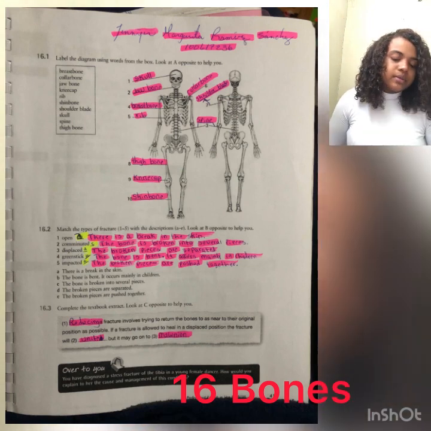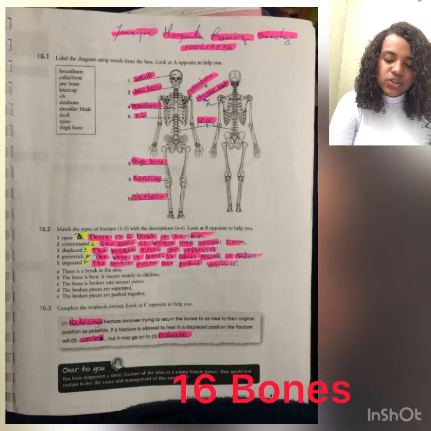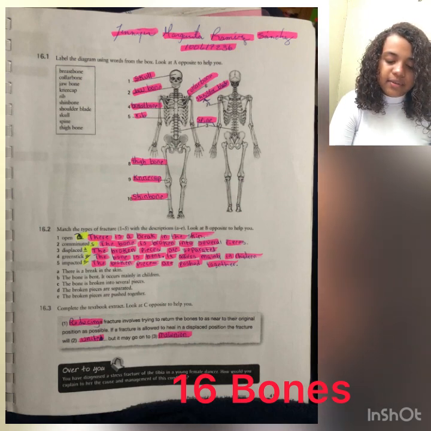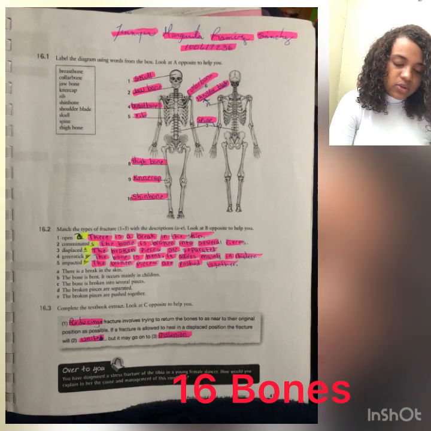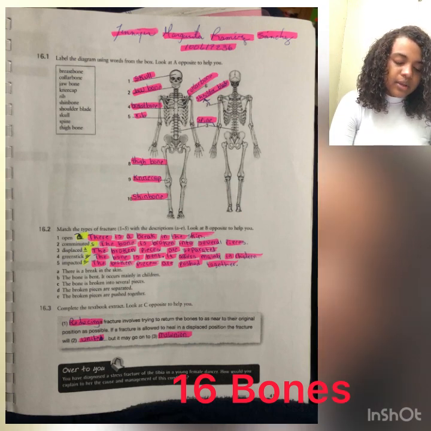Ten chin bone. Match the types of fracture one to five with the descriptions A to E. Look at B opposite to help you. Number 1, open: there is a break in the skin. Number 2, comminuted: the bone is broken into several pieces.